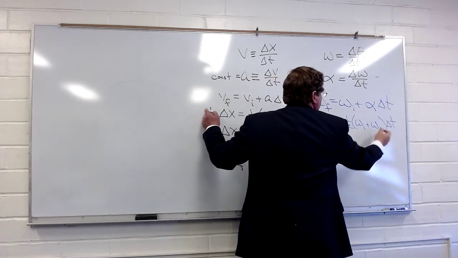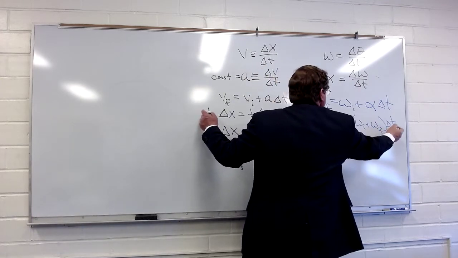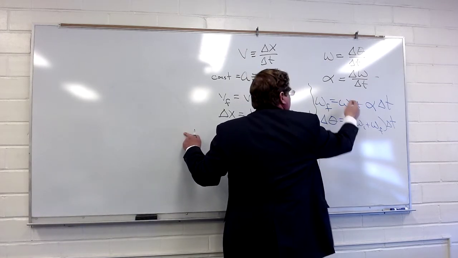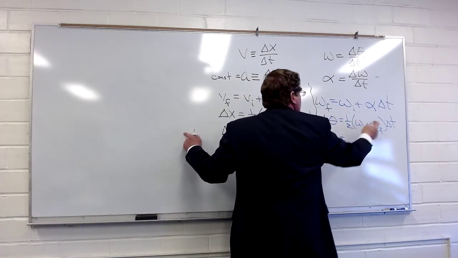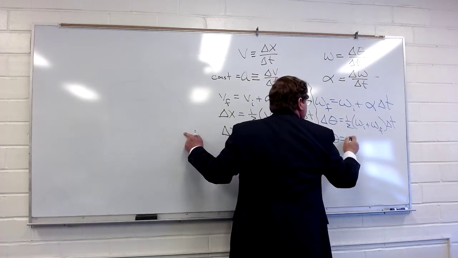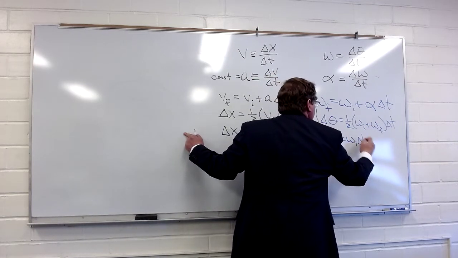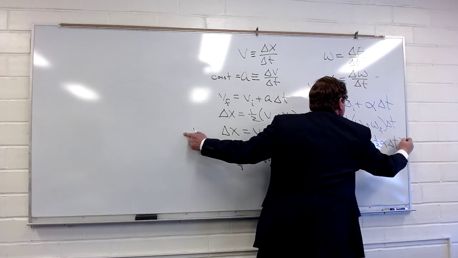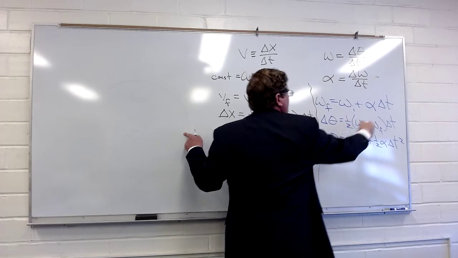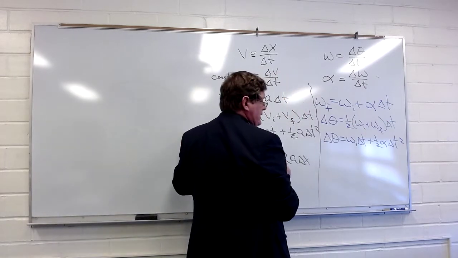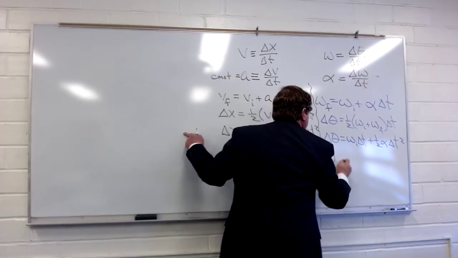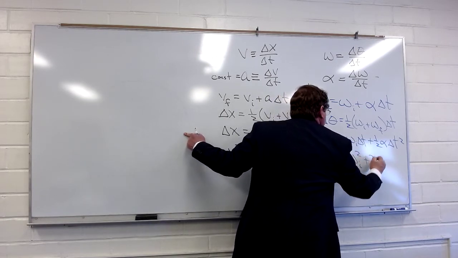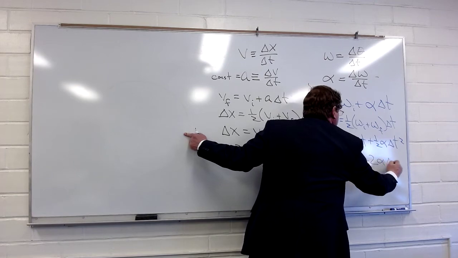This is just the average angular velocity times the time. And then I'm going to have another equation where I combine the first two to eliminate omega final. And that's going to be omega initial delta t plus 1/2 alpha delta t squared. And then I combine the first two in such a way to eliminate time, and I get omega final squared is equal to omega initial squared plus 2 alpha delta theta.